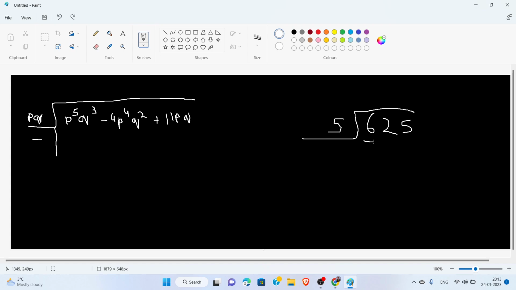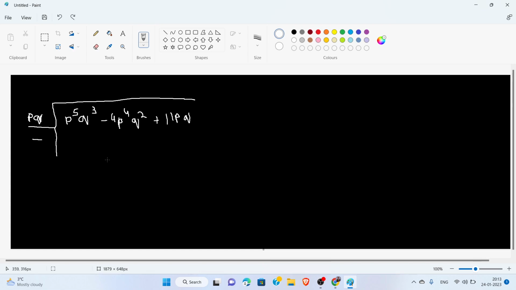So first I'm going to divide 6 by 5. 5 goes in one time, so we'll say 1, and then I'll write 5 here. And now I have to subtract 5 from 6. That's exactly what we're doing here. So that's why I say to put a subtraction symbol, because you're going to be subtracting whatever monomial you get here.